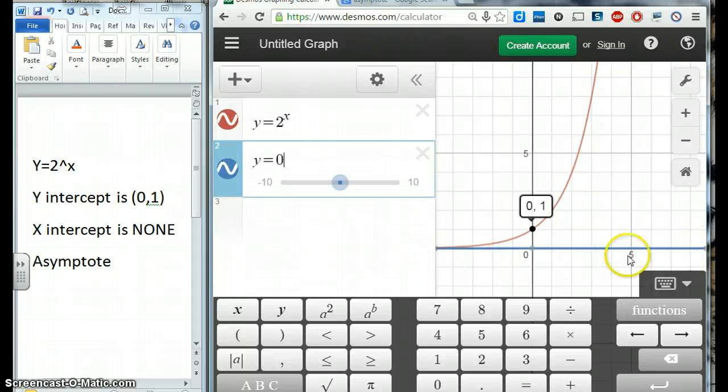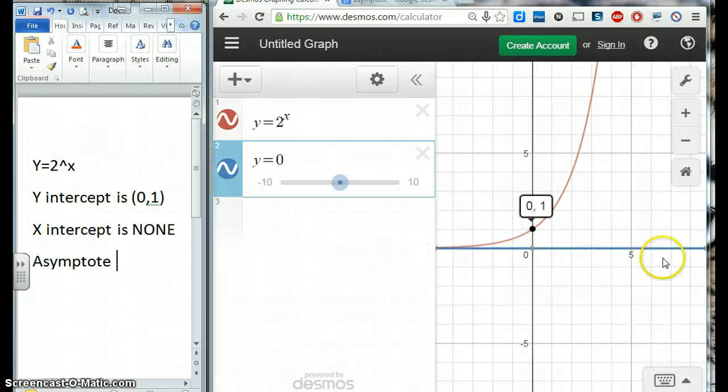See, our graph is approaching this line. I made a blue one just so you can see that. The red graph is getting closer to 0 here. On any point on this blue line, notice how the y's are all 0. That's why we call it y equals 0, because every point is 0. Okay, that's the x-intercept, the y-intercept, and the asymptote.